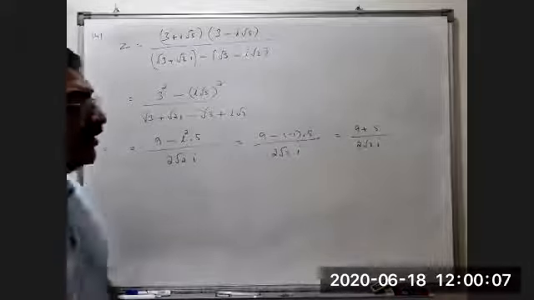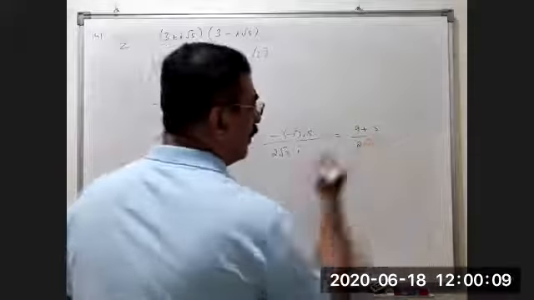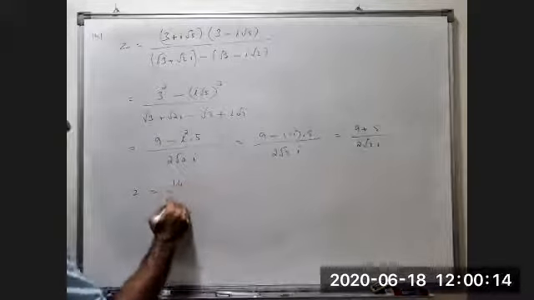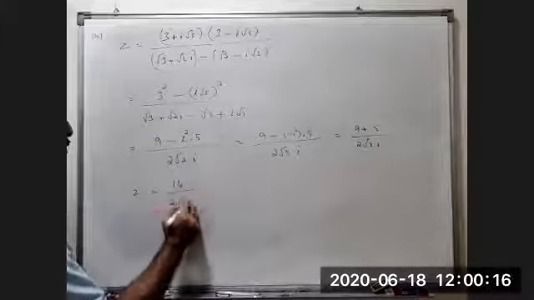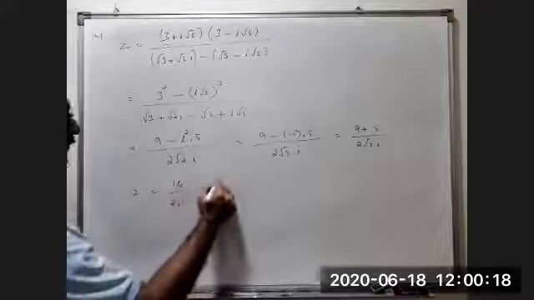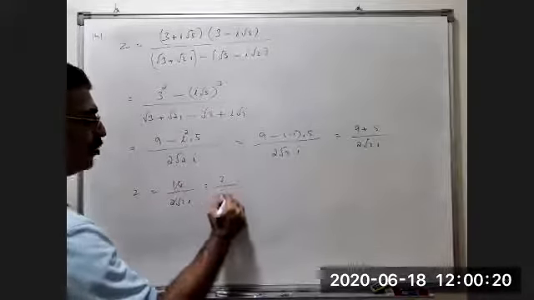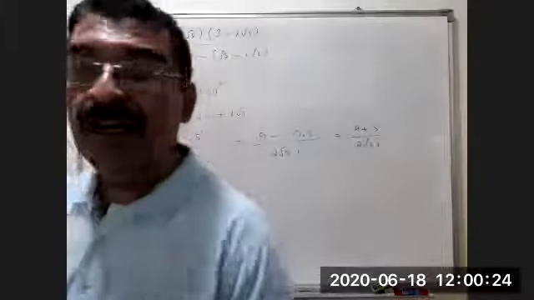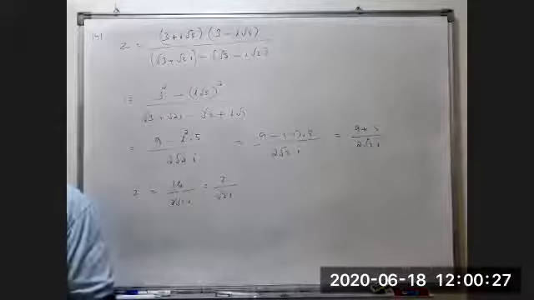See, generally, we will not keep irrational. This is 9 plus 5, 14 by 2 root 2i. 2 cancels. 7 by root 2i. Again, we discussed it.